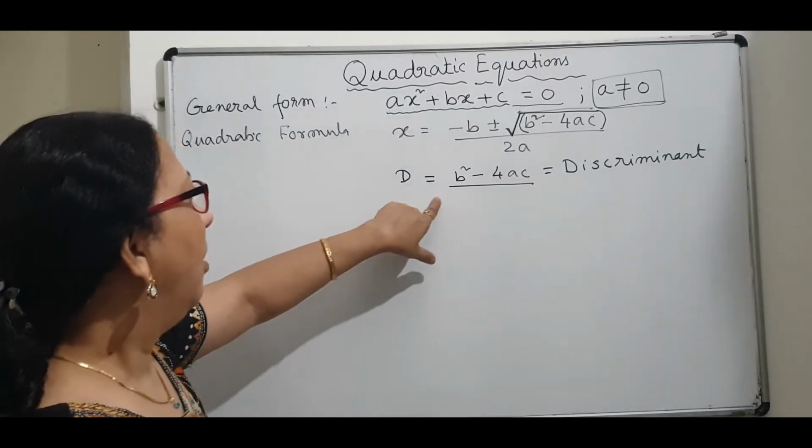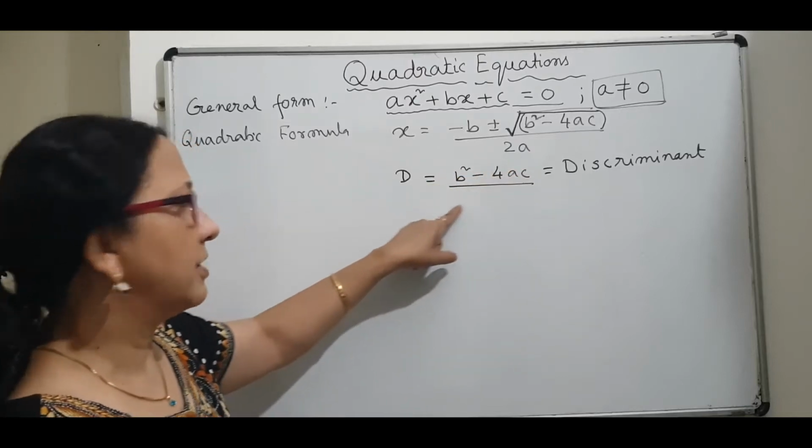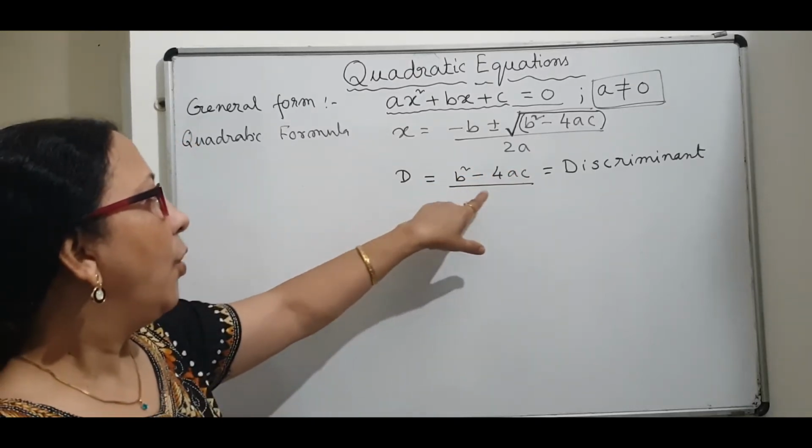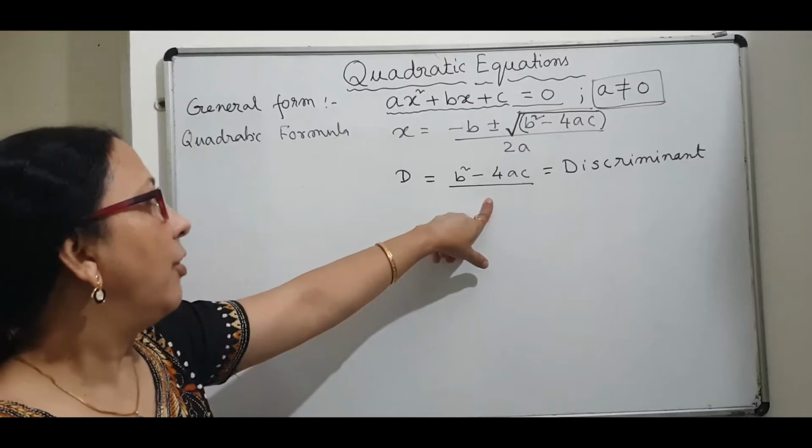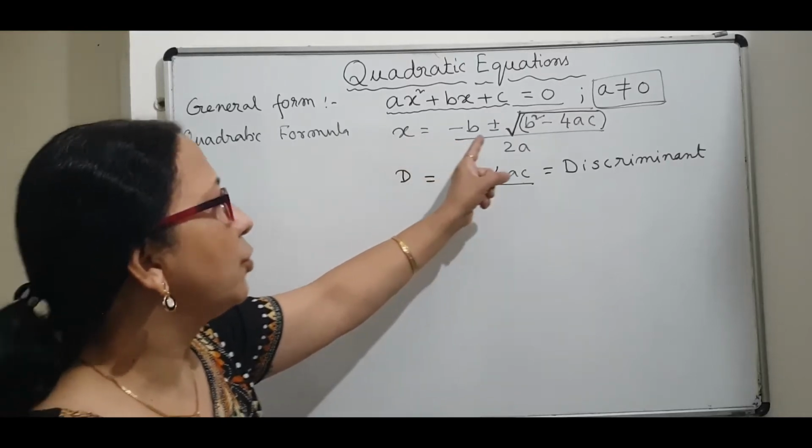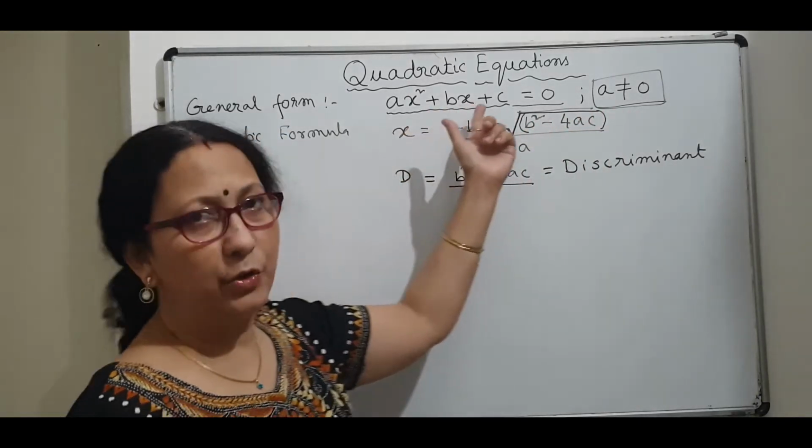Because the value of D will determine or discriminate about the nature of the roots of the quadratic equation.